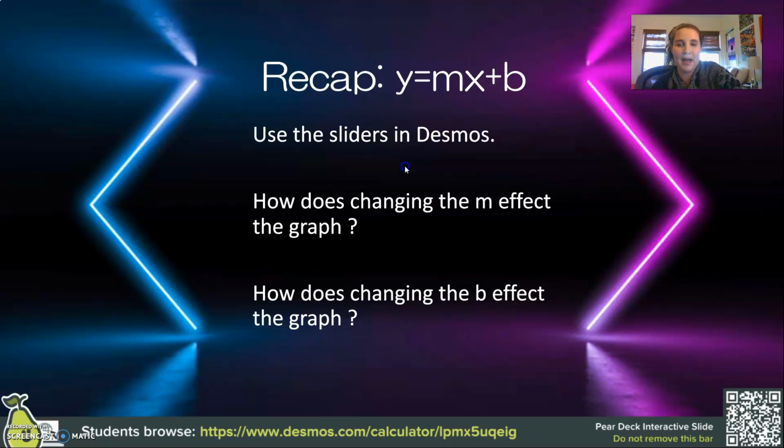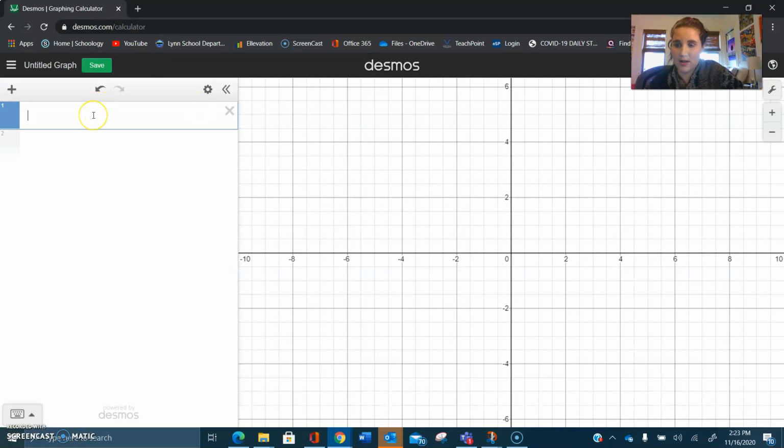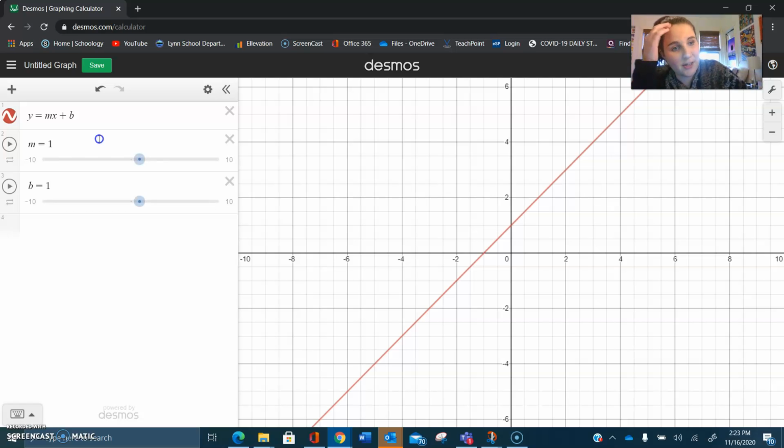All right, a little recap on y equals mx plus b. We're going to take a look at a Desmos equation. So y equals mx plus b is what we use to represent a linear equation or function. And let's see what changing m and changing b does to the line.